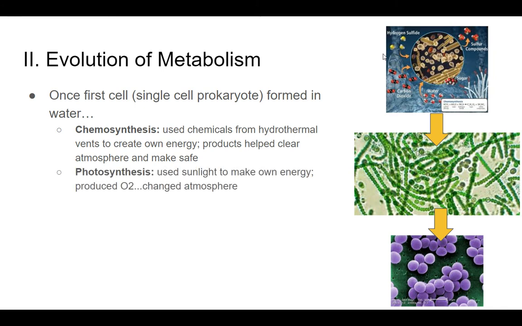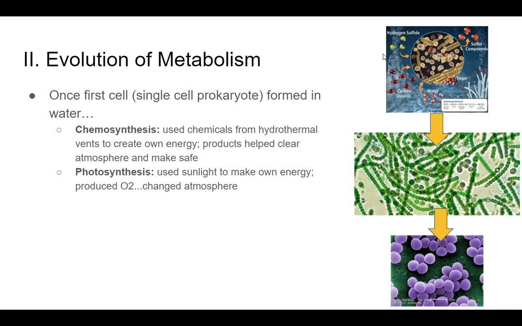So the chemosynthetic organisms' products most likely helped clear up the atmosphere and make it safe for organisms to now use the sun. So the UV light is no longer killing living things. And so photosynthesis becomes the new metabolic strategy.